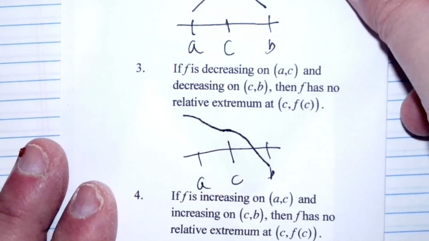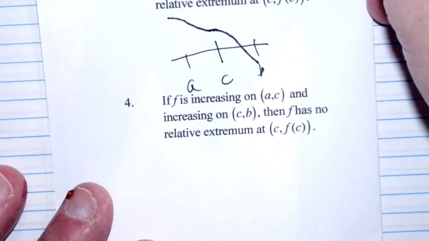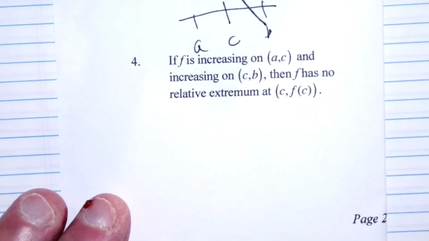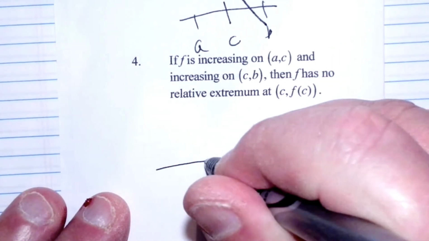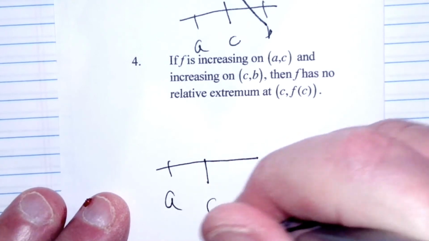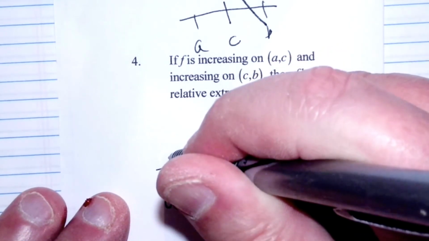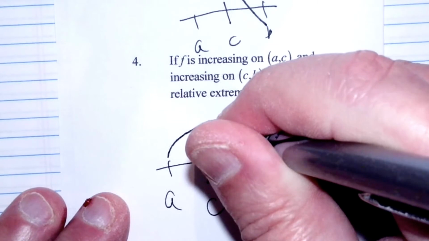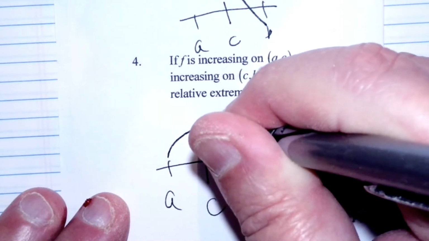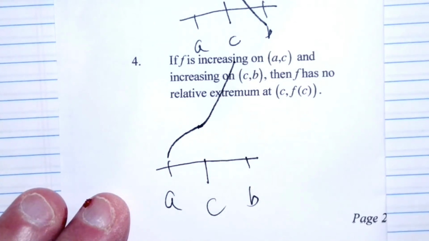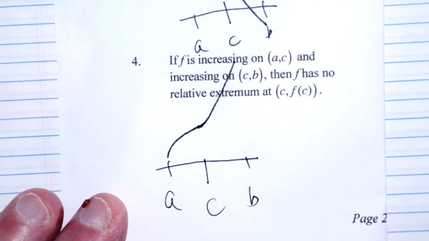There's no extremum at all. And if f is increasing on the interval from a to c, and increasing on c to b, then there is no relative extremum here either. There's no hilltop, there's no valley, there's nothing.